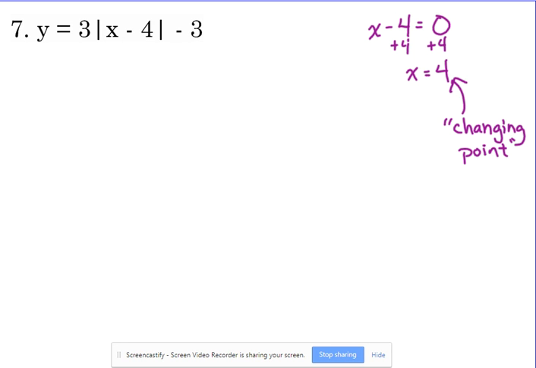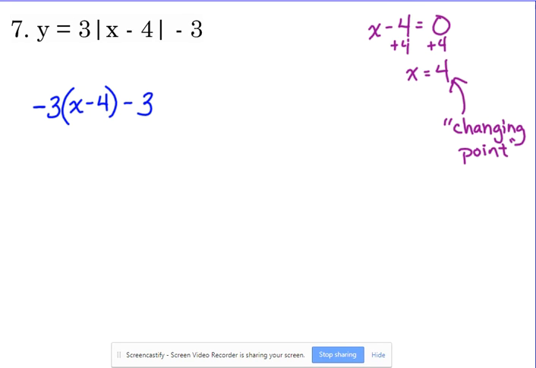Now, I always make sure that I do this very methodically. For the first part of my piecewise function, I change the sign of what's in front of the absolute value, change the absolute value bars to parentheses, and simplify that expression.